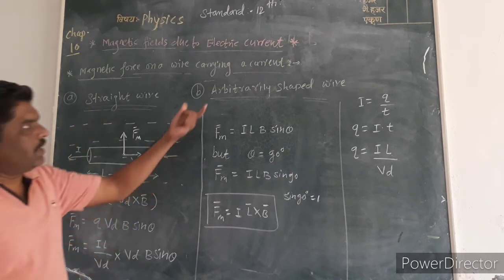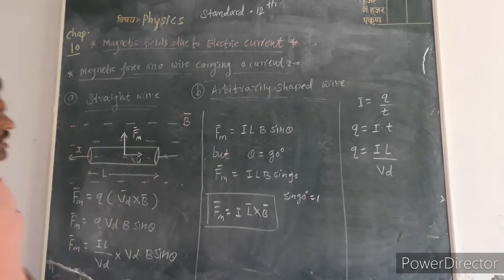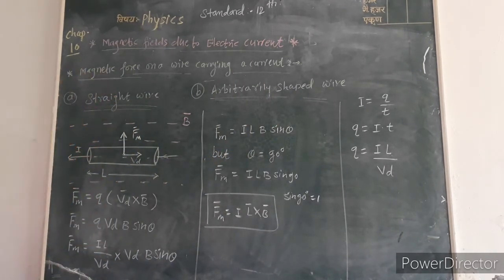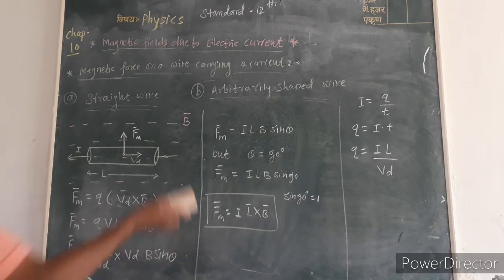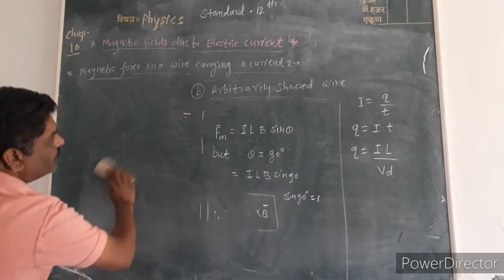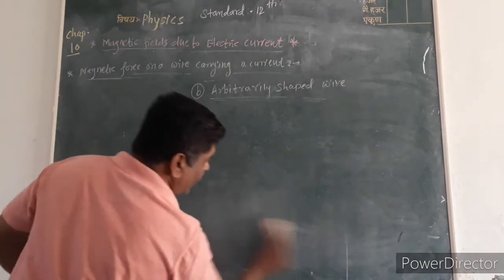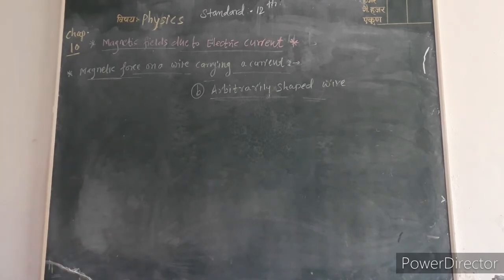Second case, if the wire is arbitrarily shaped, then what is the magnetic force acting on that wire? Secondly, we discuss the arbitrarily shaped wire.